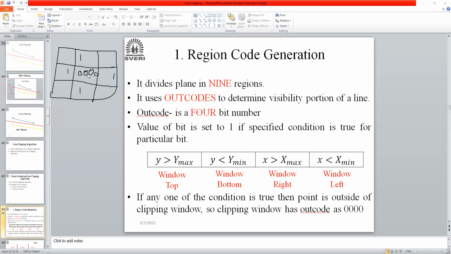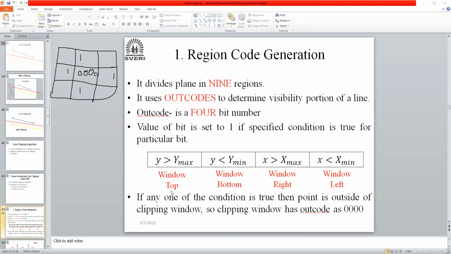So this out code is a 4-bit binary number. Out code is a 4-bit binary number. So it has the value as 0 and 1 only, and that too a 4-bit number. So here the value of bit is set to 1 if specified condition is true for a particular bit.